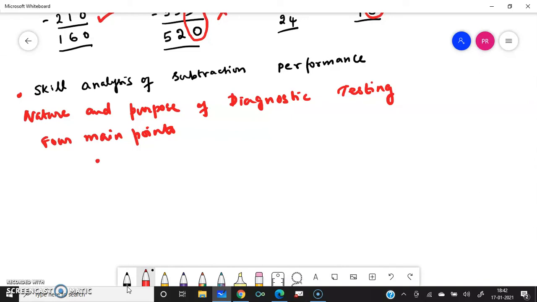One is accuracy. Second is speed, speed of writing. Third is methods of work. Fourth is extent of the arithmetic process mastered.